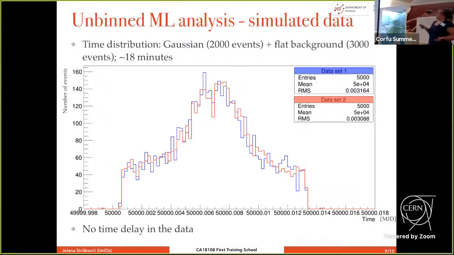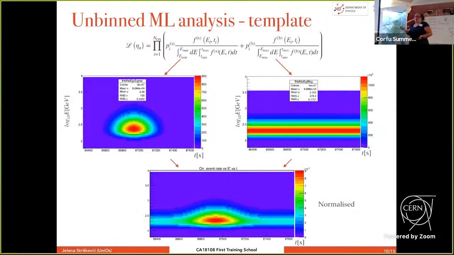But also in my signal, we know that we have our background, and the background has no temporal structure, so it's just flat. And we took some 18 minutes, which is a standard time of observation. Now that I have my data, what I need to do is build my template. In this, I include everything that I know.